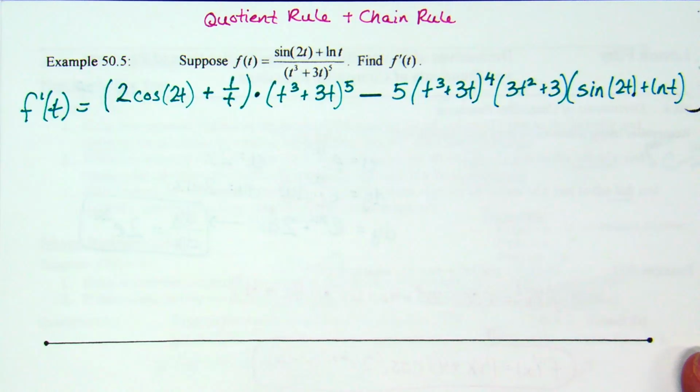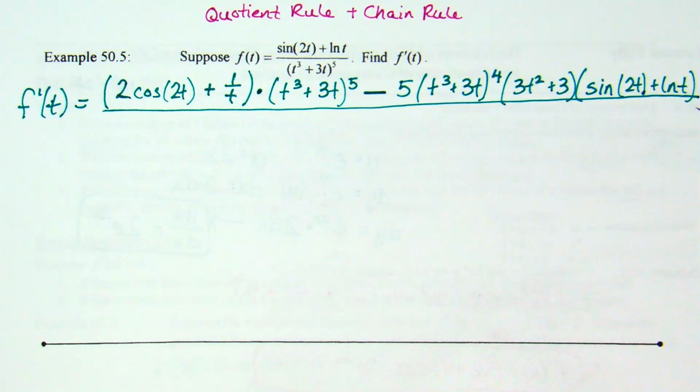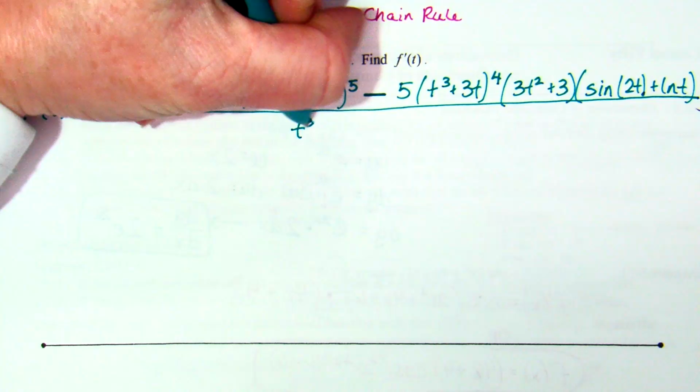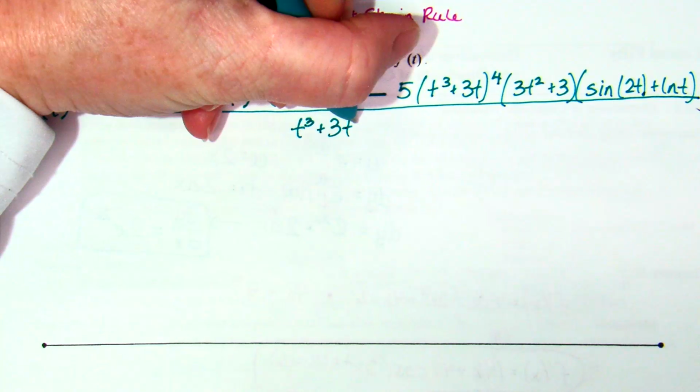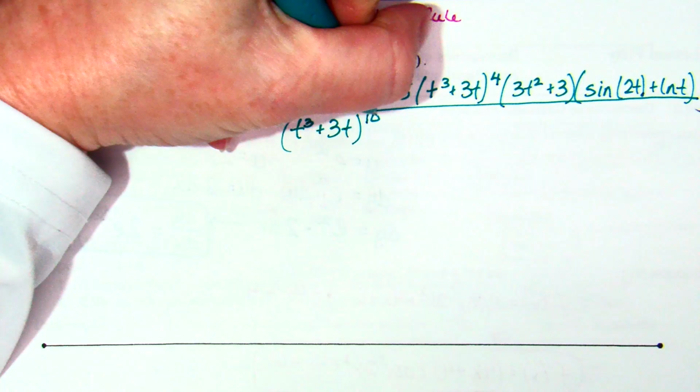And this is going to be all over t cubed plus 3t to the 5th, squared. When you square a power that's being raised, you're doing a power times power. So yes, 5 times 2 does make it to the 10th.